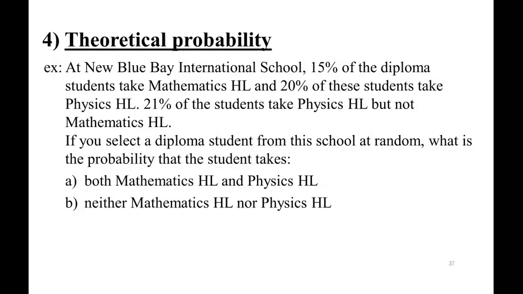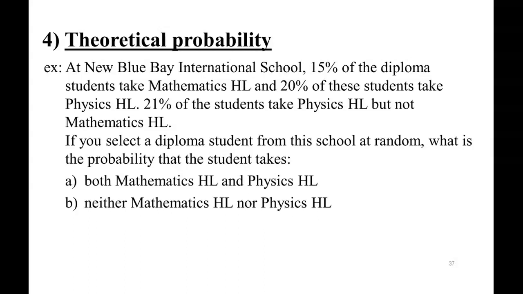Now they're saying at New Blue Bay International School, 15% of the diploma students take mathematics HL, and 20% of these students take physics HL. 21% of the students take physics HL, but not mathematics HL. Now, over here, they're not really giving you the number of students in the class, they're just giving you percentages.